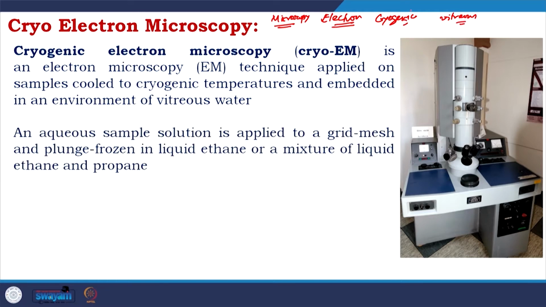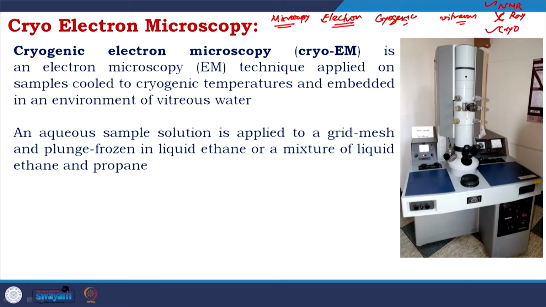An aqueous sample solution is applied to a grid mesh and plunge frozen in liquid ethane or a mixture of liquid ethane and propane. So, an aqueous sample, here we are using. If you remember, we will continuously compare NMR, X-ray and cryo.